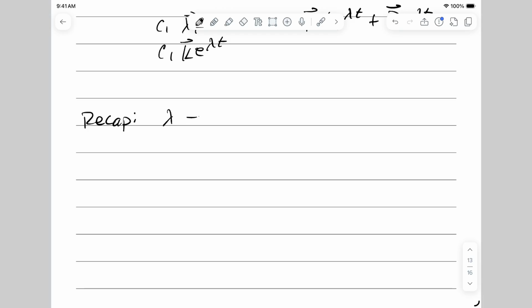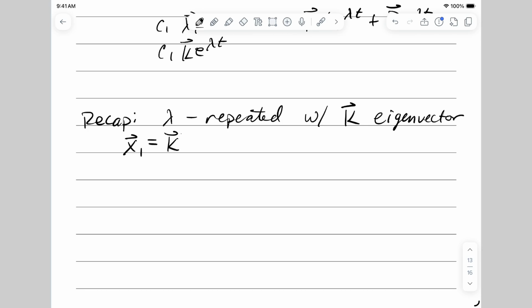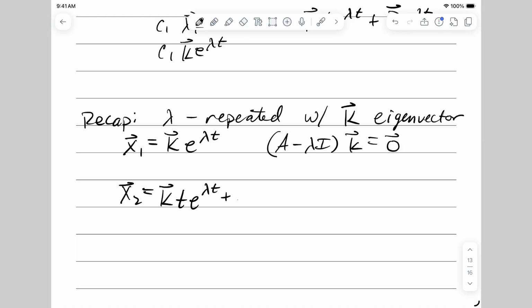If λ is a repeated eigenvalue, and we have only k as an eigenvector, then x1 is going to be k e^(λt), and remember that we get k by solving (A − λI) times k is equal to 0. x2 is k t e^(λt) plus p e^(λt), where (A − λI) times p is equal to k. So we use k to find p.